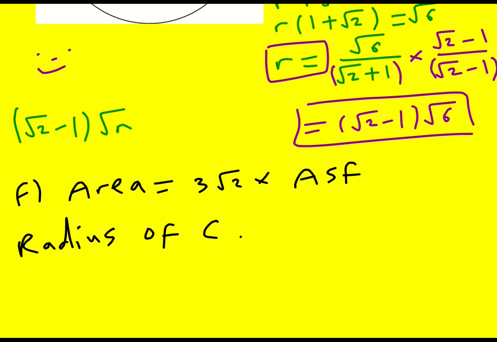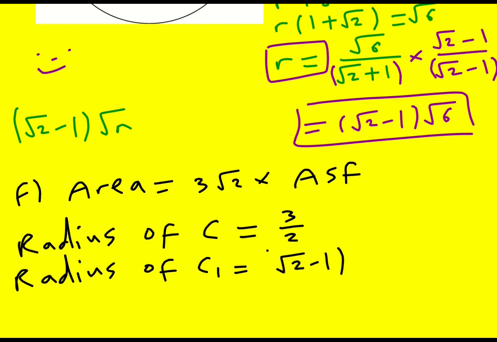Radius of C is equal to 3/2. Radius of C1 is equal to root 2 minus 1 multiplied by root 6.